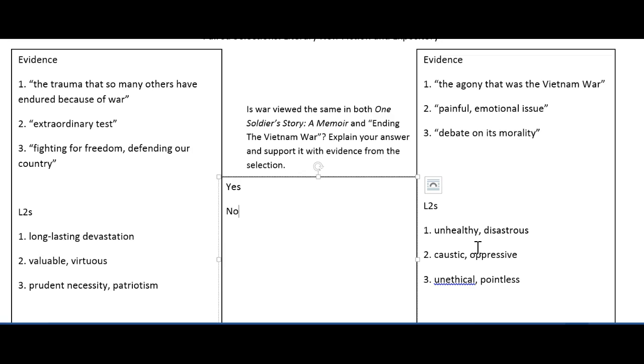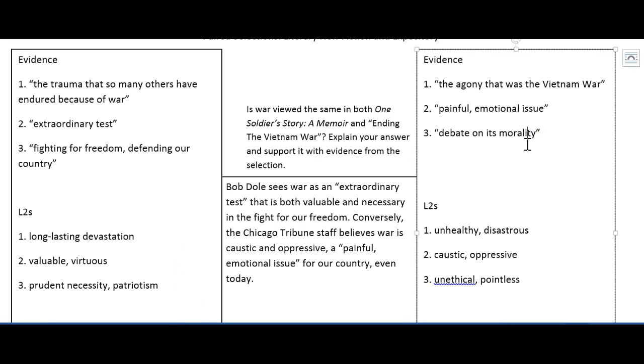We could use a lot of terms to describe our thoughts. So what I'm going to do is choose that the answer will be no, they're not the same. I feel like everyone would choose no, so I'm going to go ahead and choose no.